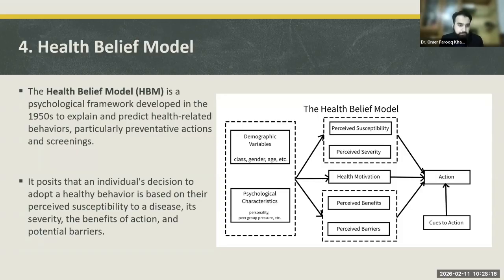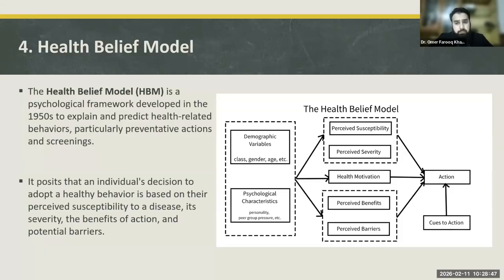So if a person has a perceived susceptibility to a disease, and then they know how severe that disease can get, and then if they know that this severe disease can be prevented by this action of washing your hands, of not eating something from unhygienic stalls, and if they have potential barriers in their minds, then there is a belief that they start to act on.